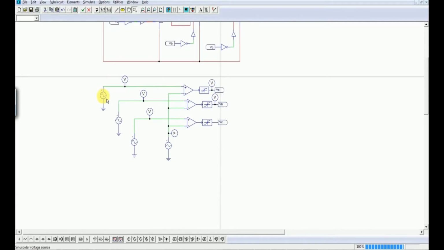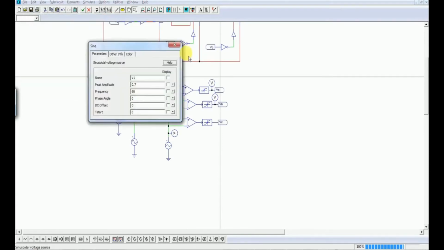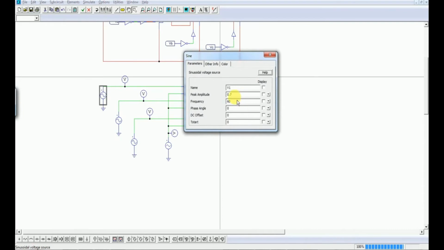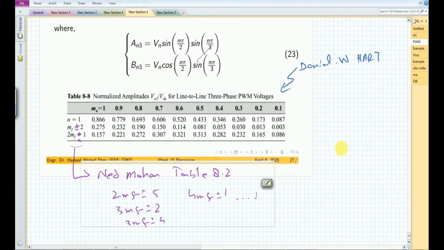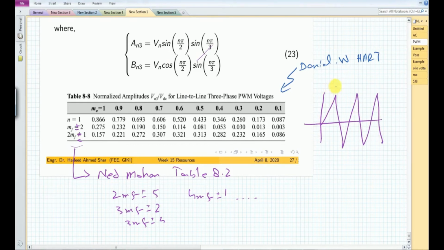So you can see we have this sinusoidal source available here, with an amplitude equal to 0.7. Notice that for the carrier waveform, the peak to peak voltage is equal to 2 volt, which means that, if I may draw it here, this triangular waveform shall have a peak value on the positive side equal to 1 and on the negative side equal to 1.